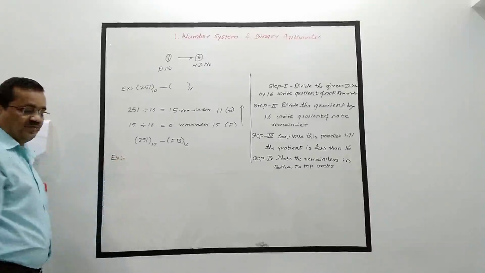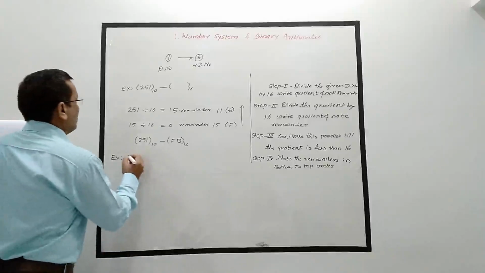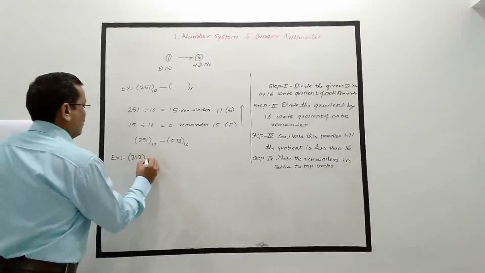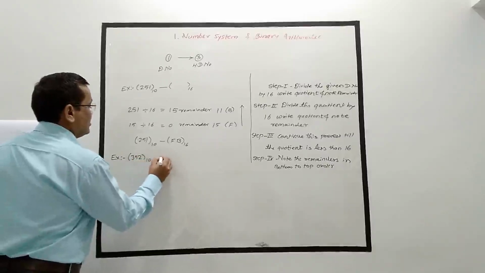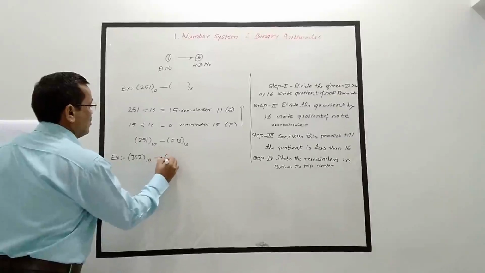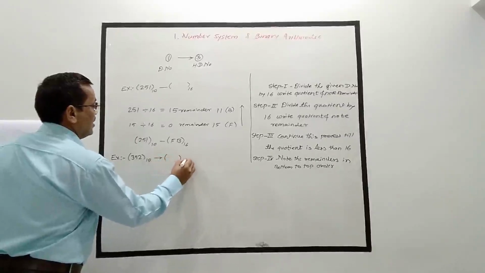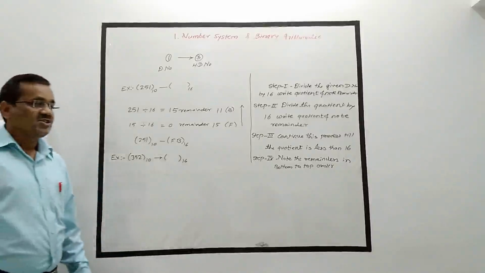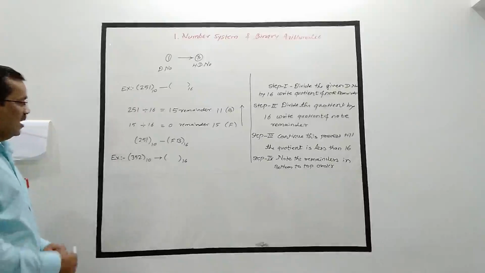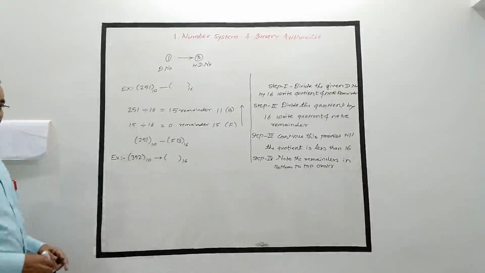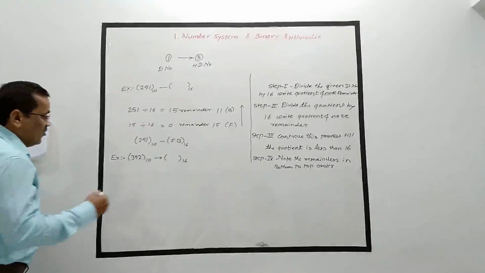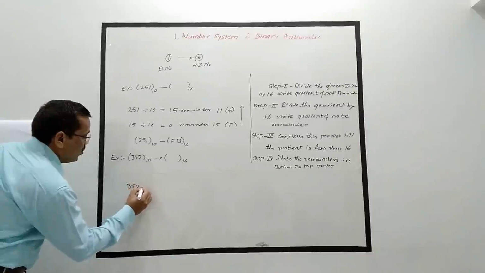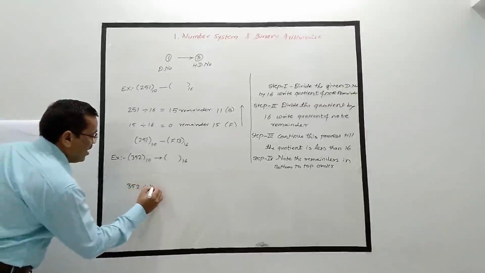Example: 352 of decimal is converted into its hexadecimal number system. So the steps should be followed. Step number 1, divide the number 352 by 16.